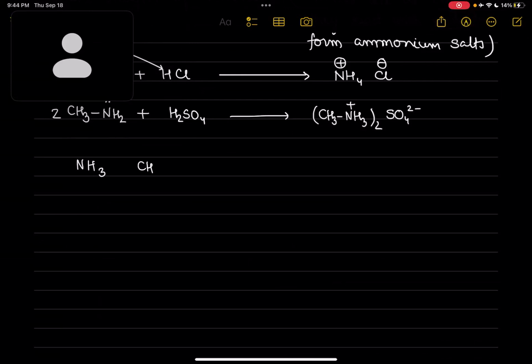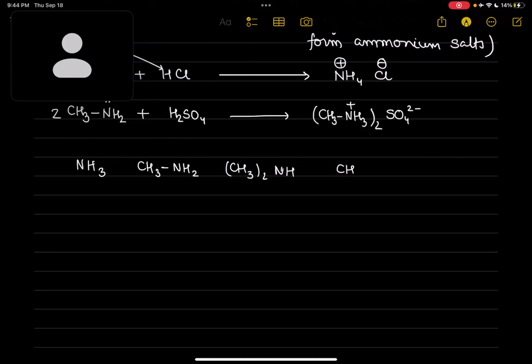So if I take methylamine, CH3NH2, and compare it with (CH3)2NH, right?